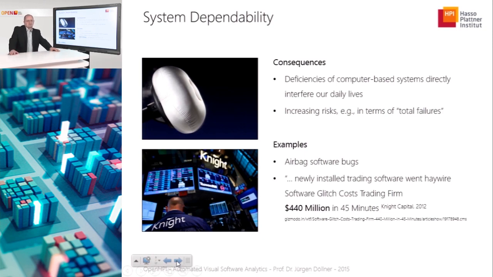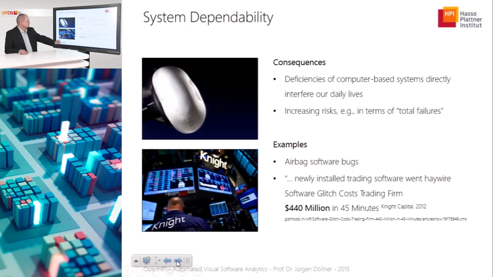Examples you can find almost every month in the newspapers, at least the big ones. For example, airbag software bugs recently caused the recall of large numbers of cars because the installed software was programmed in such a way that it could come to the wrong conclusions while driving a car.